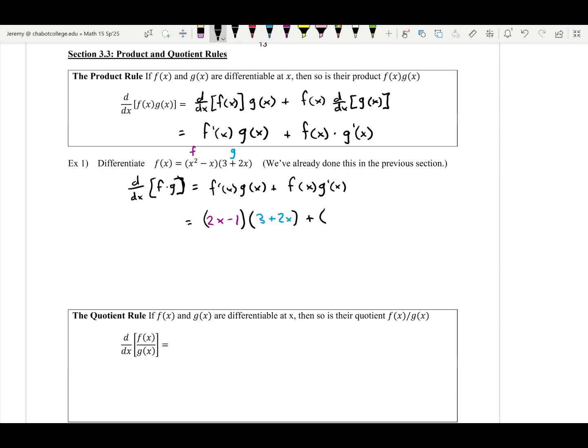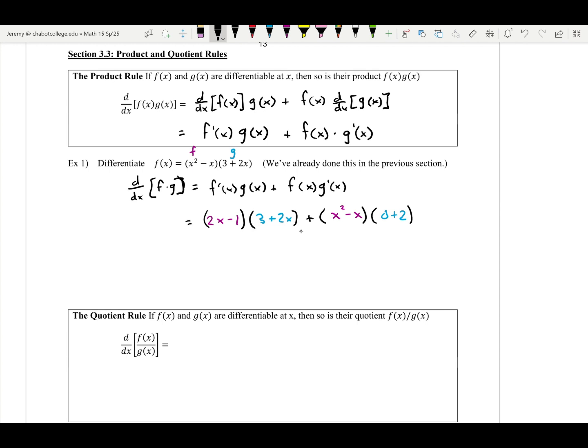Okay, so not differentiating g this time around. Plus, now I'm just going to write f of x, x squared minus x, times g prime. So now it's g's turn to get differentiated, and it's just going to be 0 plus 2. And now I just want to simplify this.